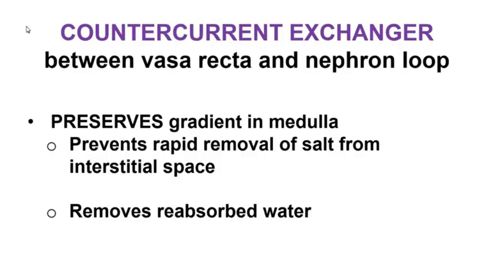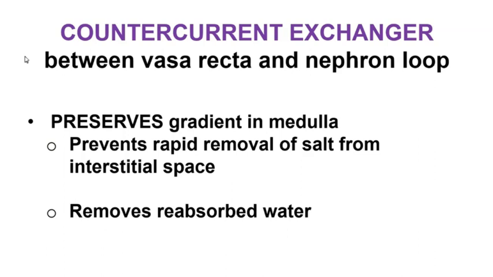So to summarize that, the countercurrent exchanger is working because it's preserving the gradient in the medulla by preventing rapid removal of salt and water from the interstitial space. So it prevents rapid removal of salt from that interstitial space and helps remove any reabsorbed water that ends up leaving the nephron loop.